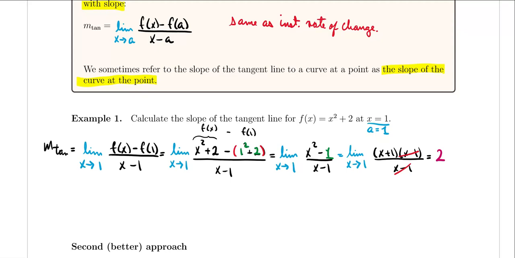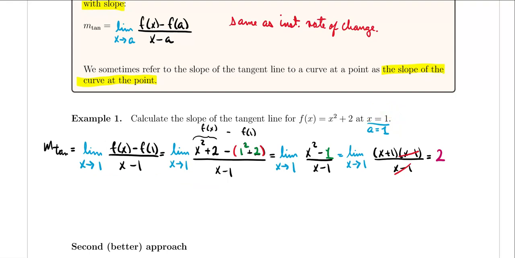Excellent. Now, here's the thing, though. What if I told you, hey, you know what, guys? I actually made a mistake. I did not want you to figure out the slope of the tangent line at x equals 1. I actually meant to say the slope of the tangent line at, let's say, x equals, I don't know, negative 3. Now, what would happen here? Well, that would mean that we would need to repeat all of this procedure again for the new value for x.